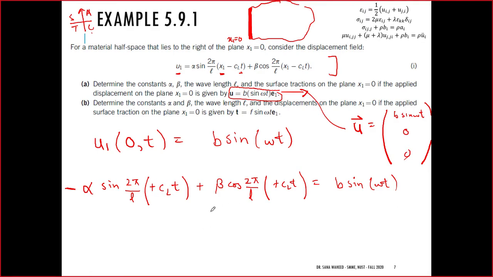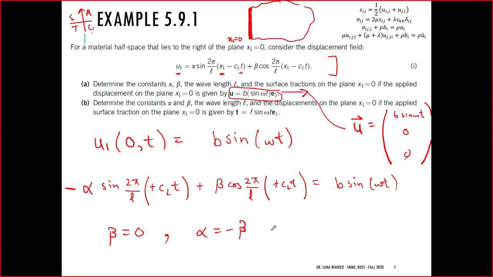Now if you want to solve this, clearly on the right hand side there is no cos function. So if we want this to be true, only the sine term should exist. So that means this beta is actually equal to 0, so that we just get the sine function. And secondly, comparing further, we can see that alpha is then equal to minus b.